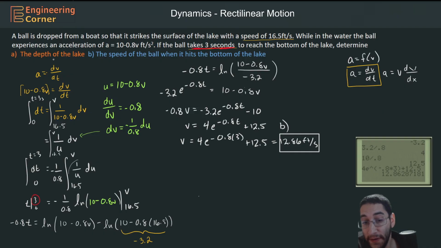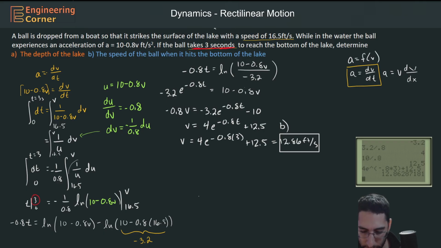But now we want to figure out the depth of the lake. So to figure out the depth of the lake, we need to integrate again. So now when we integrate again, we need to take this expression, integrate it, and that will become our depth.